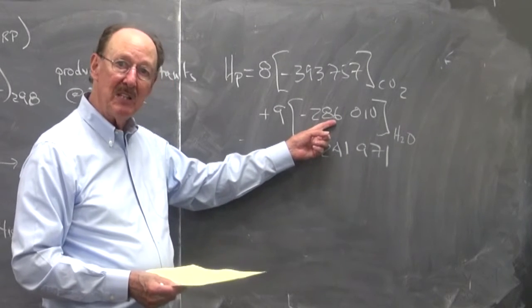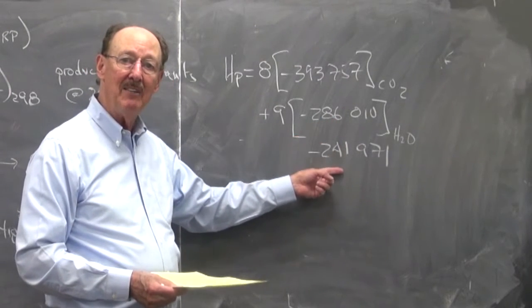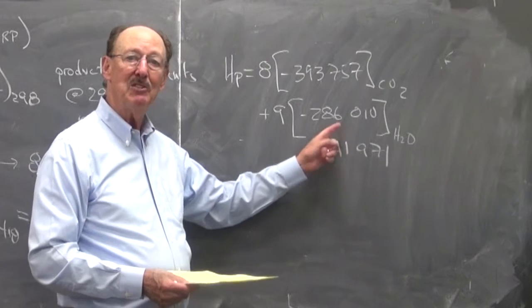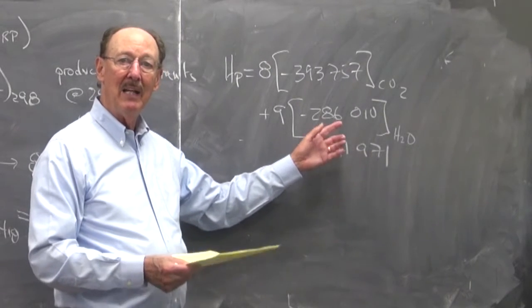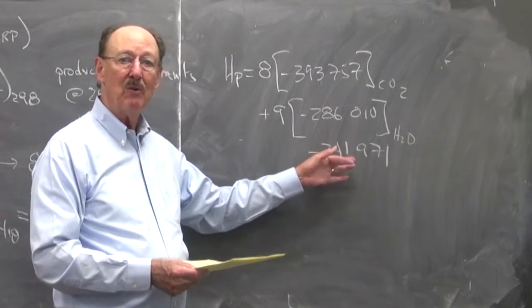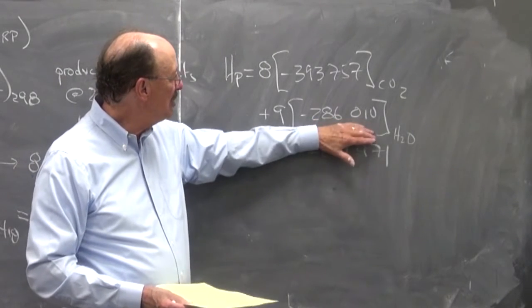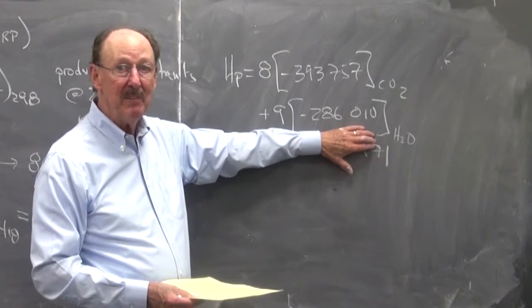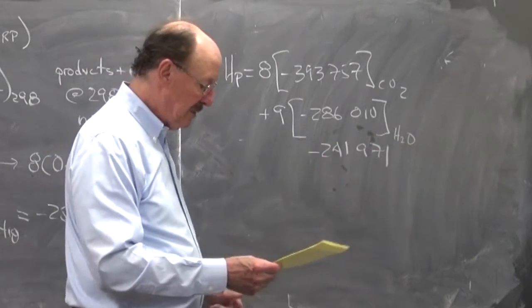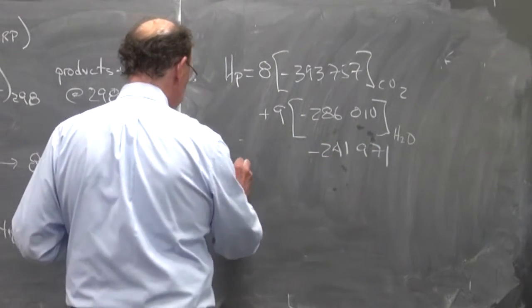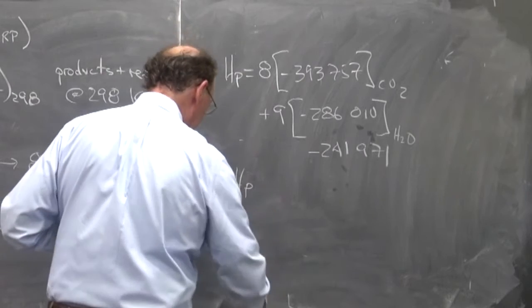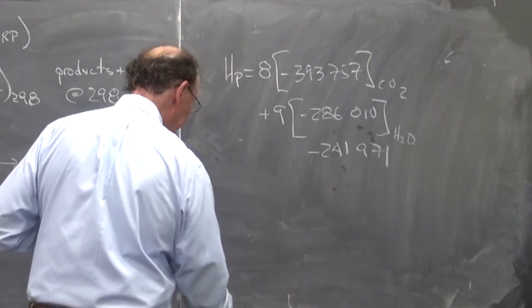You have to decide, at room temperature, is the water going to be a liquid or a vapor? Most often we use this one, and if I use this number, it's called the higher heating value. So anyway, we have higher and lower heating value.